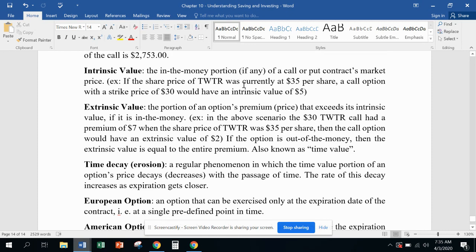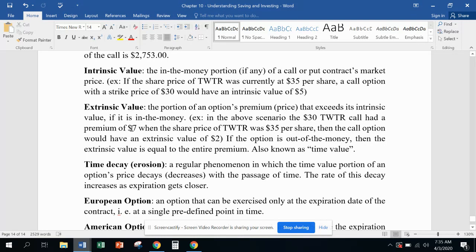Okay, I'm going to take a look at that same example again, but with extrinsic value. Now, extrinsic value is the portion of the option's premium that exceeds its intrinsic value if it is in the money. Okay, if in the above scenario, the $30 Twitter call had a premium of $7 when the share price of Twitter was at 35, then the call option has $5 of intrinsic value and $2 of extrinsic value.